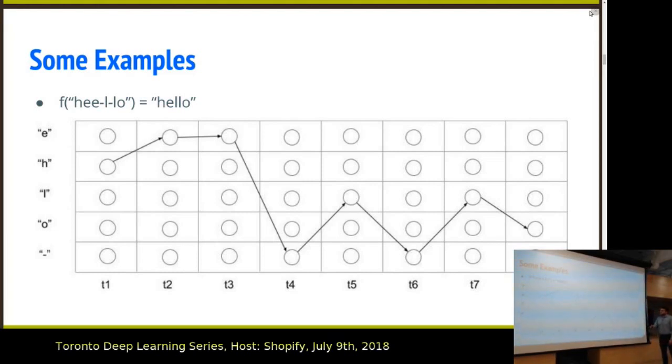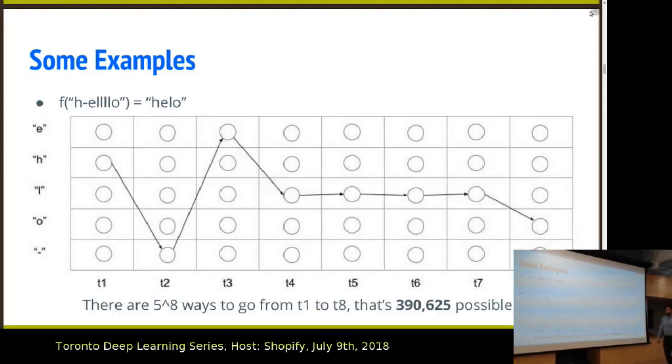So this basically tells us we have 8 time steps. If we apply the function that we have previously defined, we get the normal hello. Same thing here. We can see how we traverse through the nodes in order to get that input. And we see how, if we apply the function on the input, we get this output.